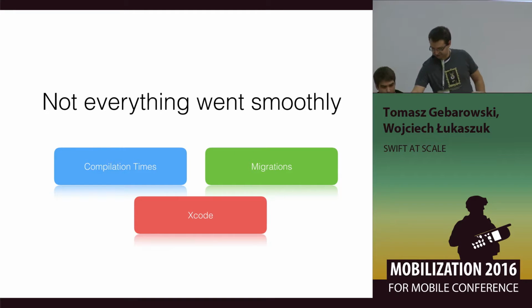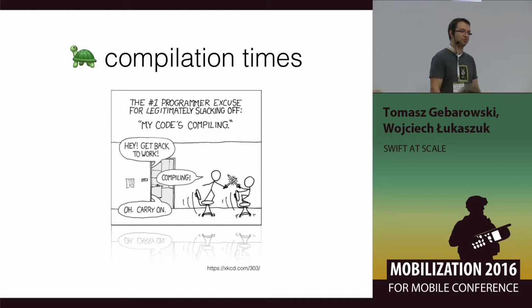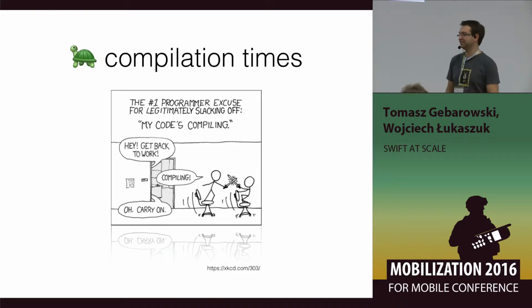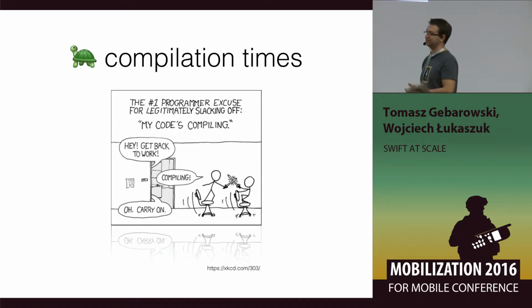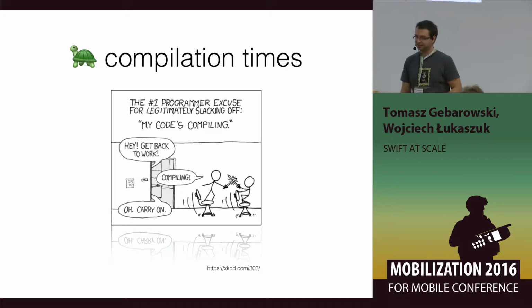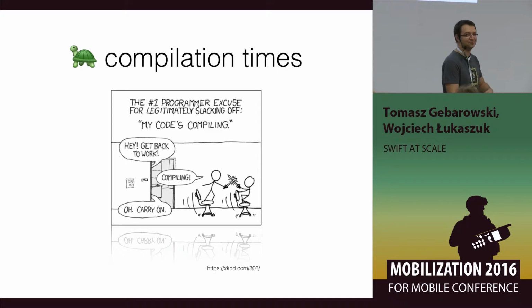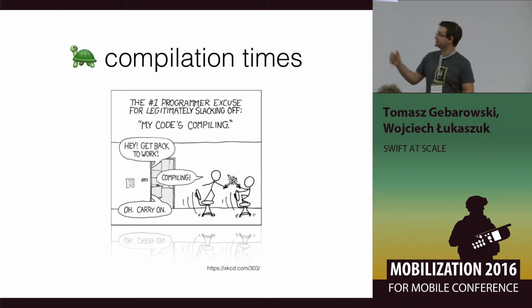So let's get started with the compilation times. Everyone who works with Swift is aware of long compilation times. And probably our manager sees that when the compilation time is long, we are doing nothing, searching for some stupid things on the internet or doing something that is depicted here.